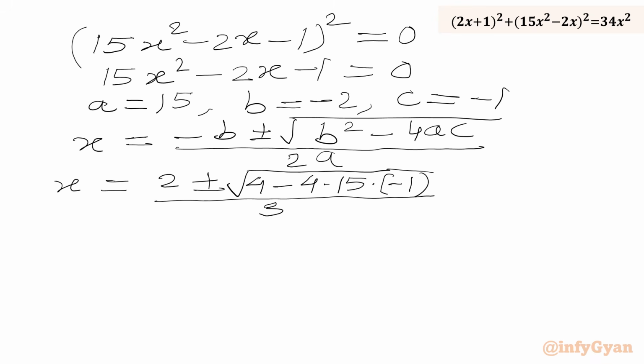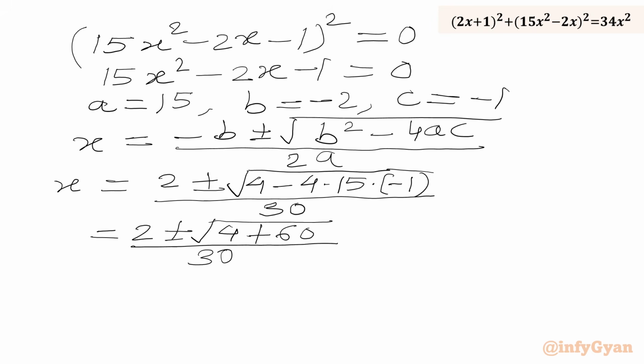So we need to write 2 times 15, value will be 30. We'll get 2 plus minus square root of 4 plus 60. So 4 plus 60 is 64. Square root of 64 is 8. So I can write here 2 plus minus 8 over 30.